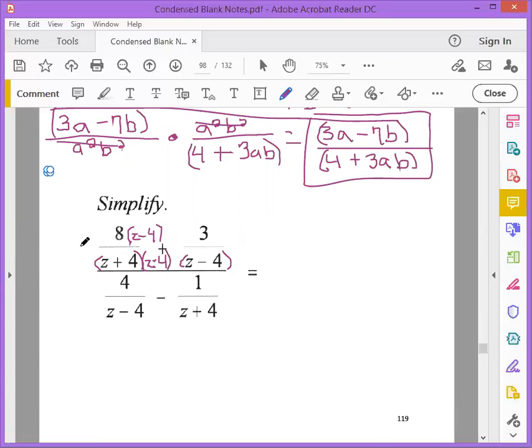Now when we do that, we have a common denominator of z plus 4 times z minus 4. So z minus 4.